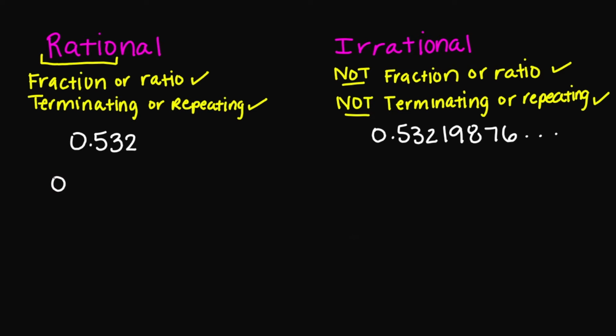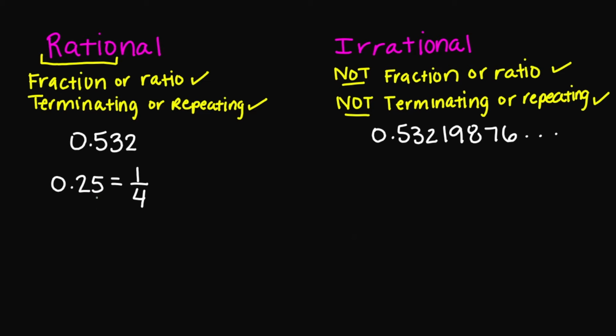What about 0.25? 0.25 is also rational because 0.25 can be written as a fraction or a ratio, which equals 1 over 4. And 0.25 is a terminating decimal.